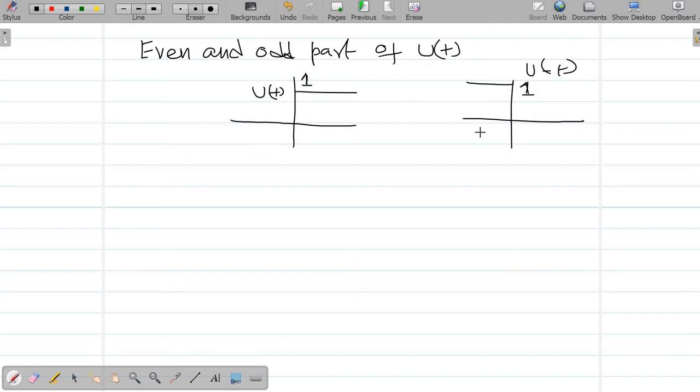So when you add up these two, it is half, and divide by 2.